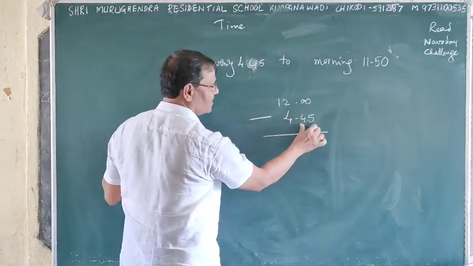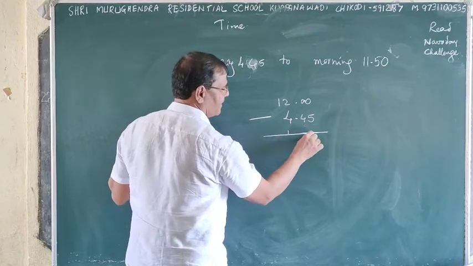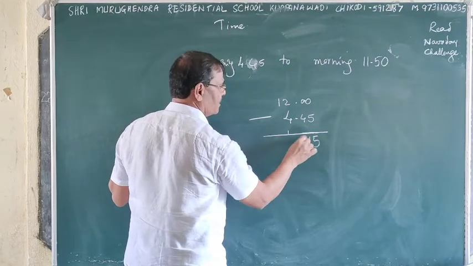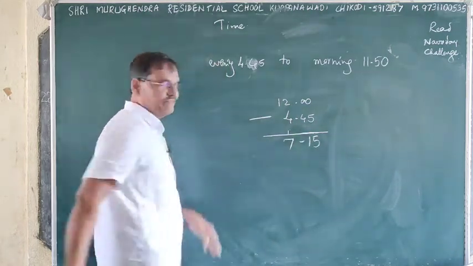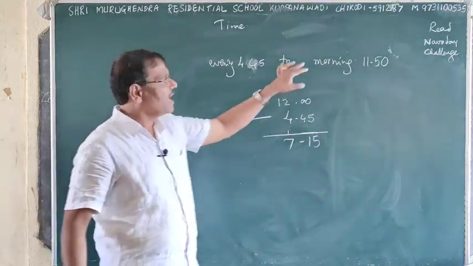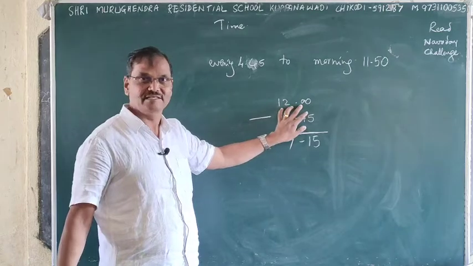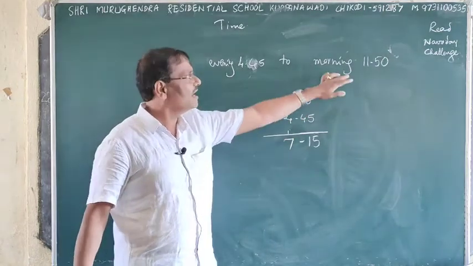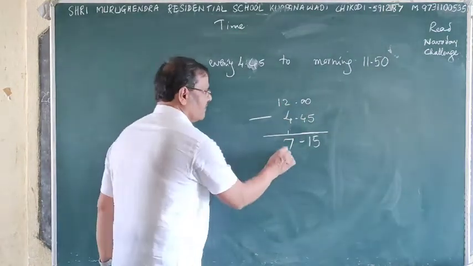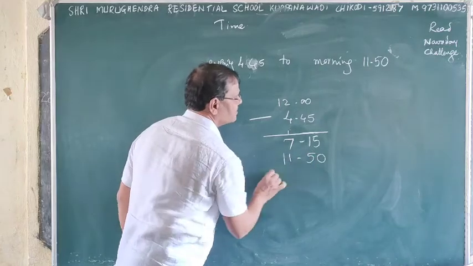This is 60 minus 45, that is 15. 12 minus 5 is 7. Then after 12 night, we are in the morning. Morning 11:50 it is.